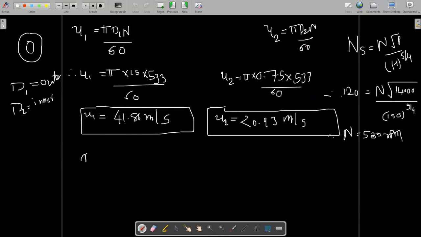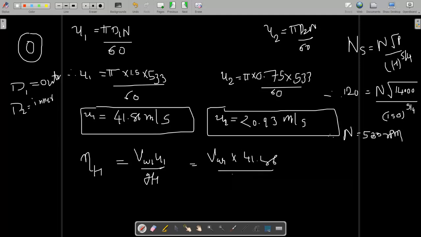The hydraulic efficiency in our case is Vw1 U1 divided by gH. Vw1 is unknown, U1 we know, 41.86, divided by g, and total head is 150 meter. It is equal to the hydraulic efficiency, which is 92%.